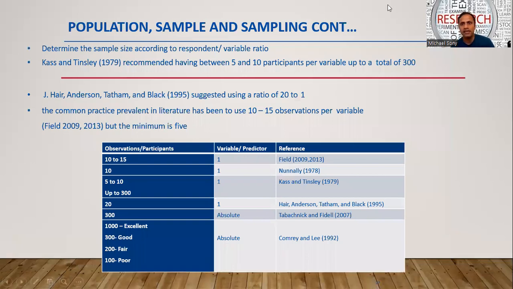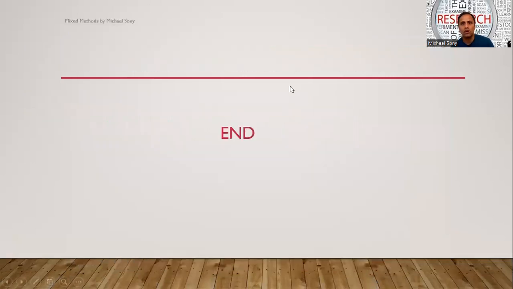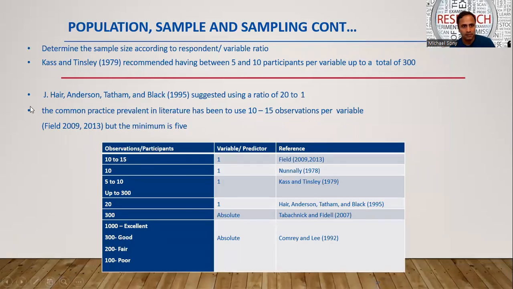There are various authors who have also looked at sample size, and they have given some heuristic or thumb rule. Cass and Tinsley recommend that if you are using a questionnaire having 10 variables or 10 questions, you need a minimum of 10 responses per variable.